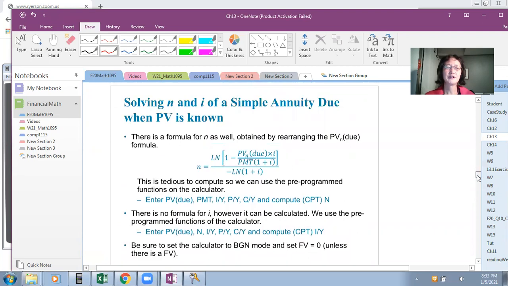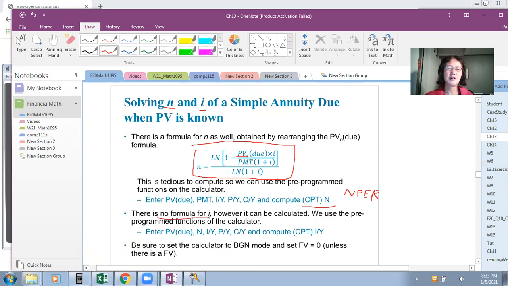When you solve for N and I, the formula is here for term N when the present value is given. You can use the formula. Another method, you can use the calculator to compute term N. Still another method is to use Excel, the NPER function.